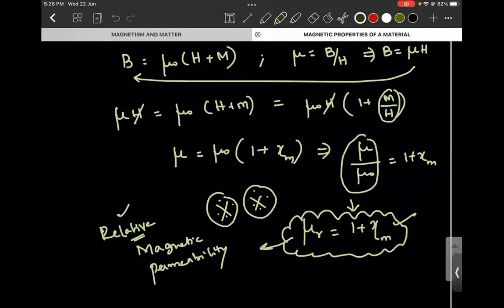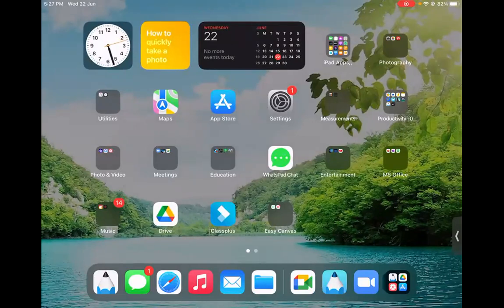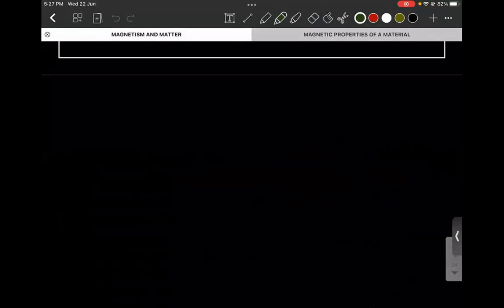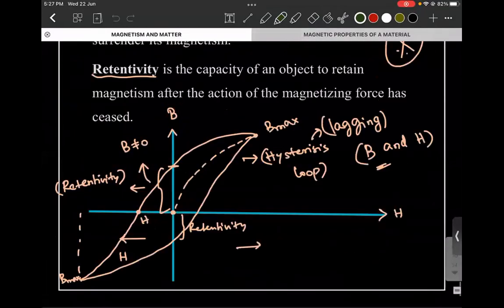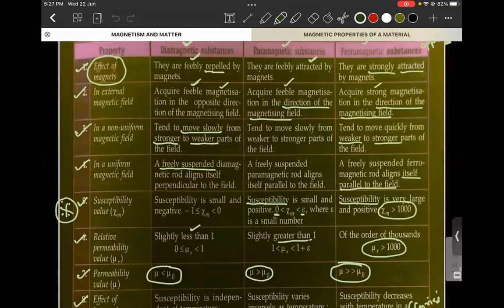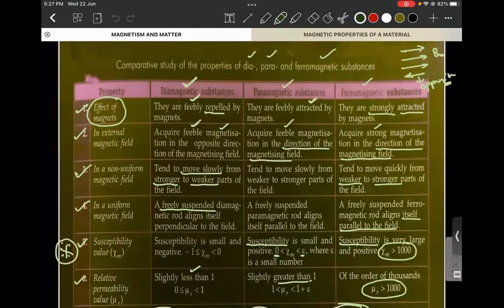Now, I'll show you a video. Now I'm going to explain a table, where we talk about different kinds of magnetic materials.